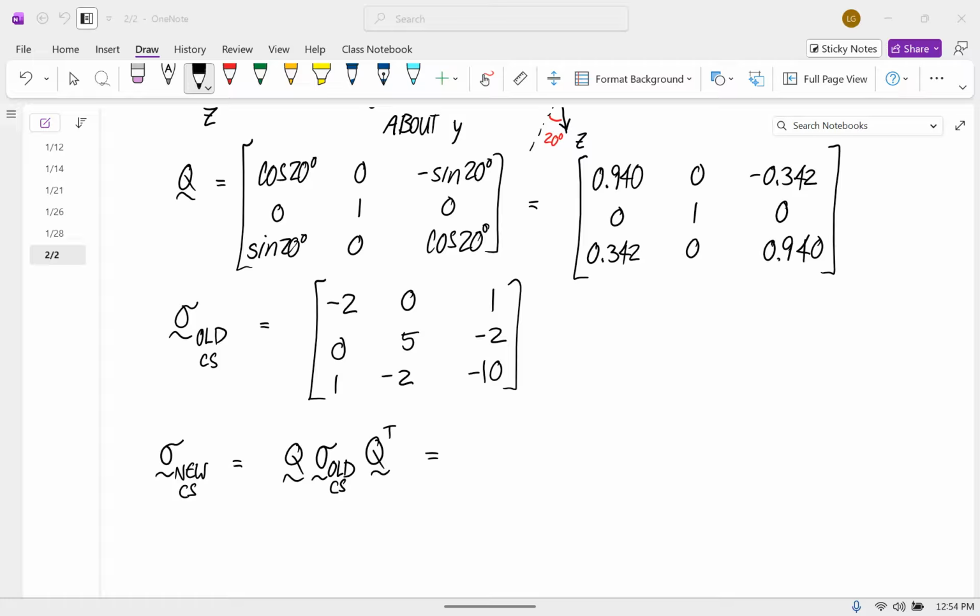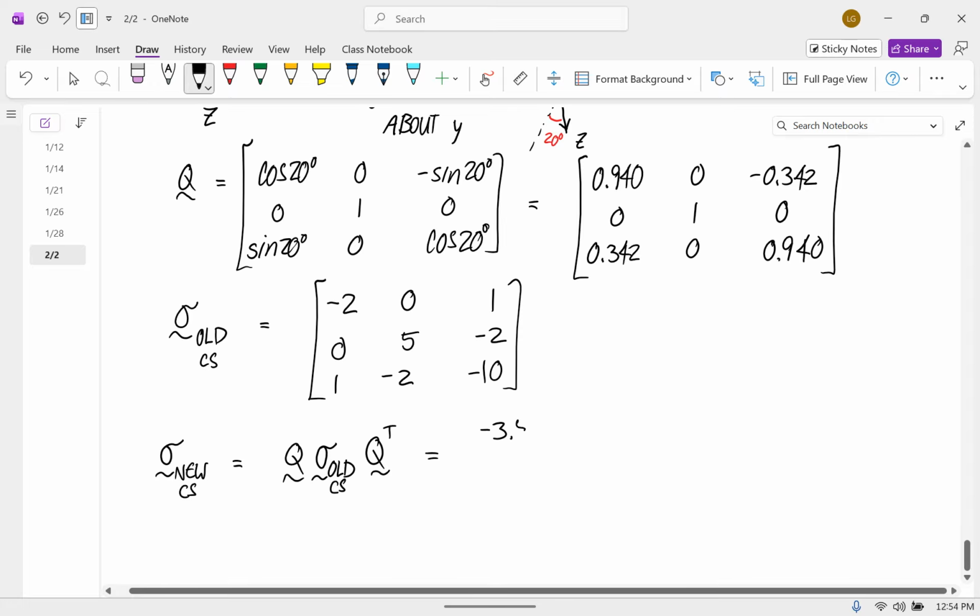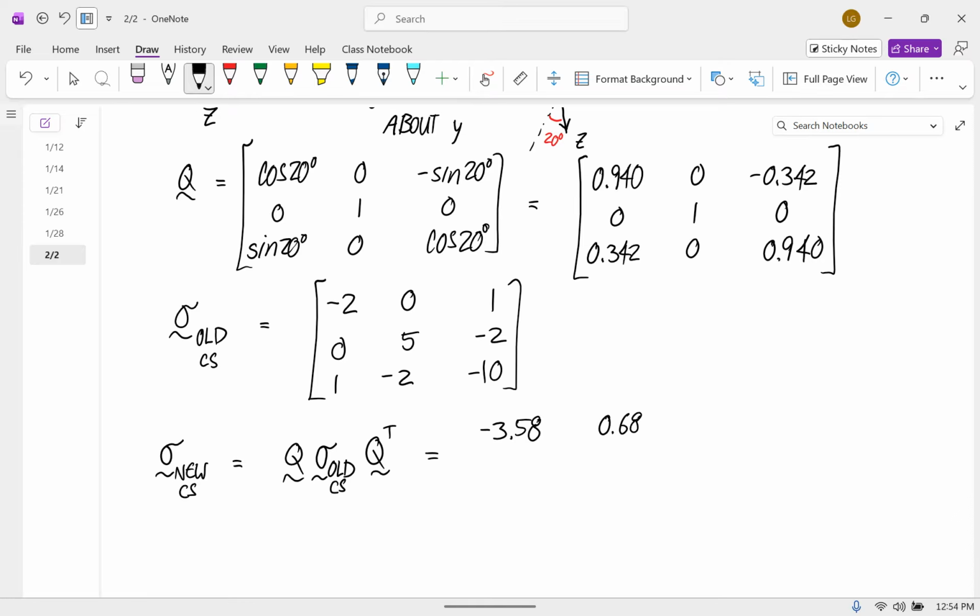And I get negative 3.58, 0.684, 3.34, 0.684, 5, negative 1.88, 3.34, negative 1.88, negative 8.43.